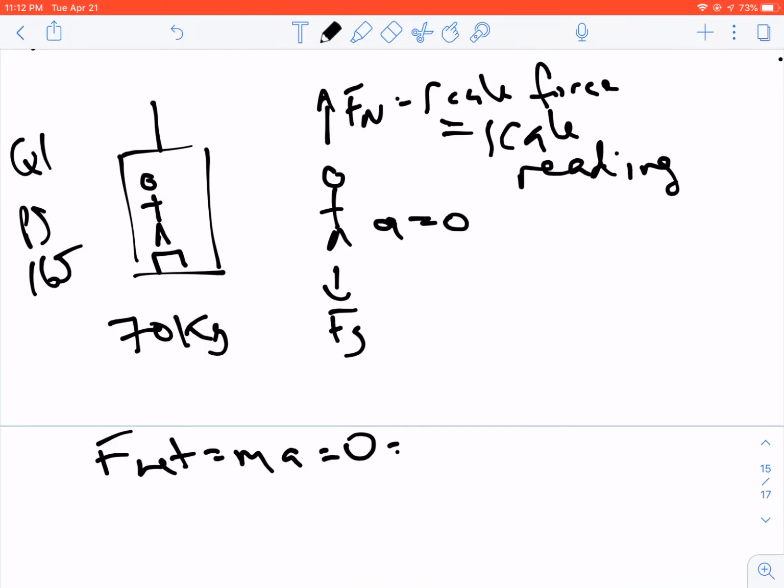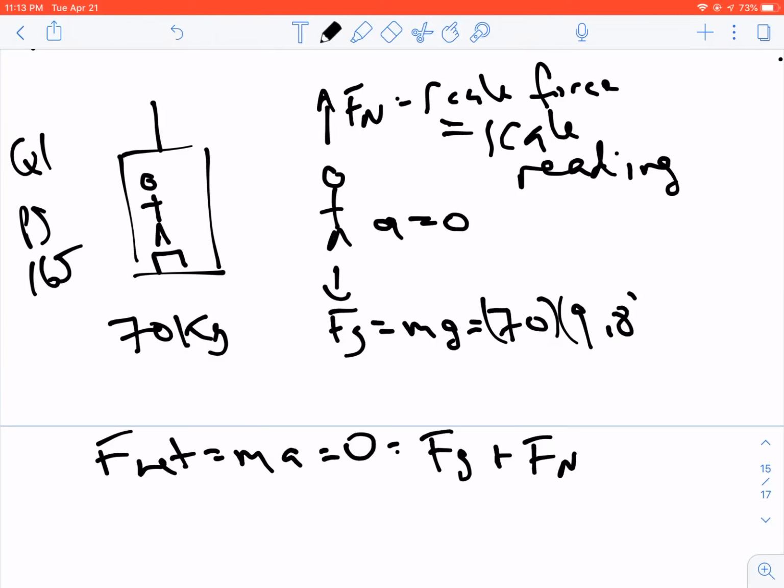And the two forces are FG and FN. Now I know that my FG is always mg. Again, because we're on Earth, we don't have to use that big fancy formula. You can if you're really dying to use it, but me, I don't prefer to do that.